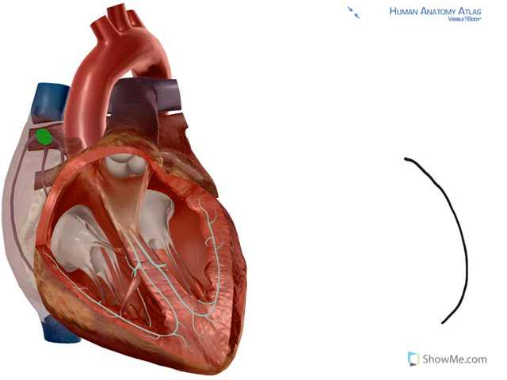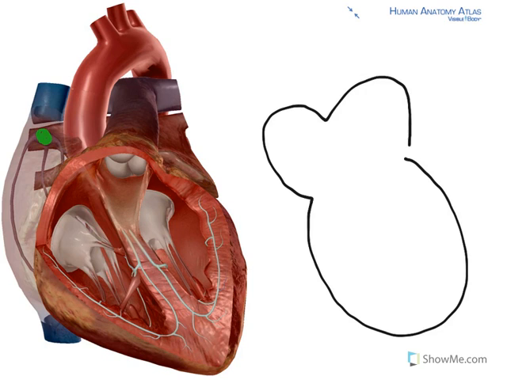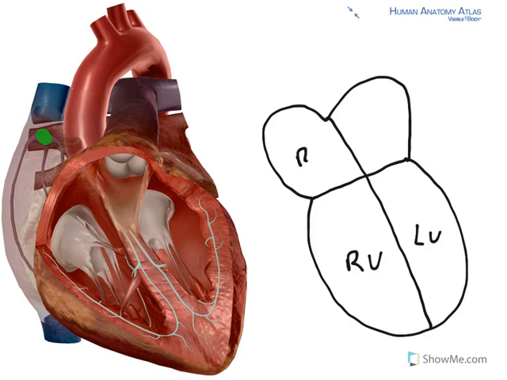So here's my version of the heart. This is my cartoon version of the heart. So we can see the basic shape. We can split it into its four chambers. So we've got the left ventricle, the right ventricle, the right atrium, and the left atrium.